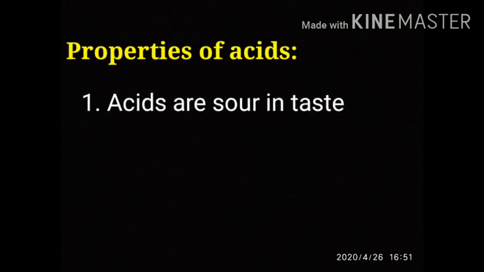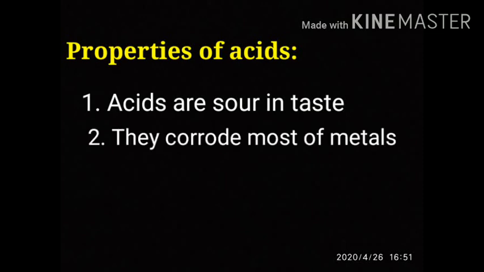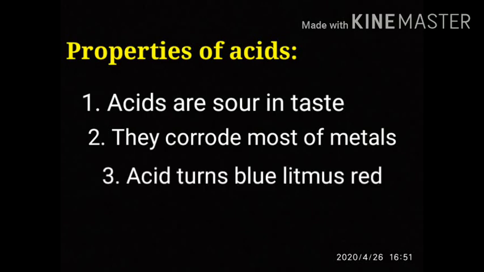Property 1: acidic substances have a sour taste. Second, they corrode most metals. Third, they turn blue litmus red. Here, litmus. What is litmus?